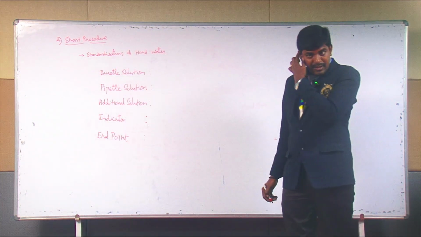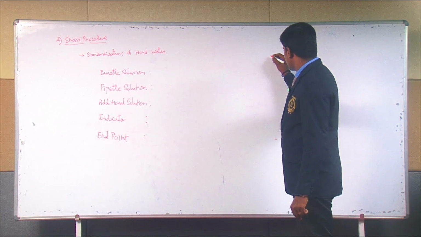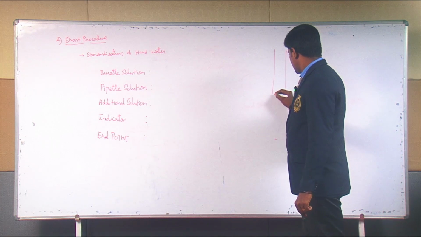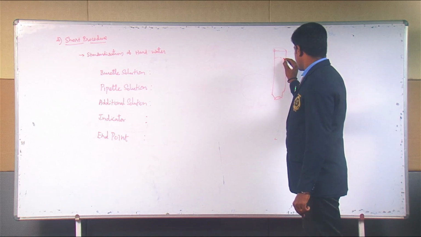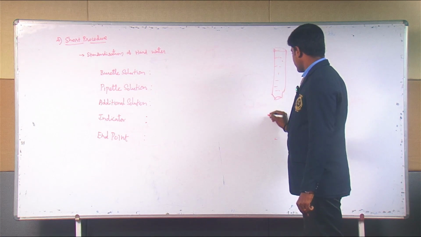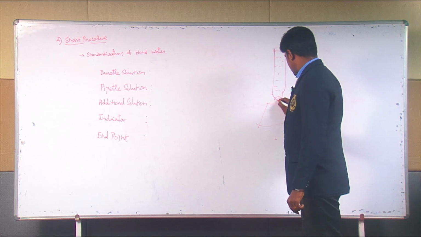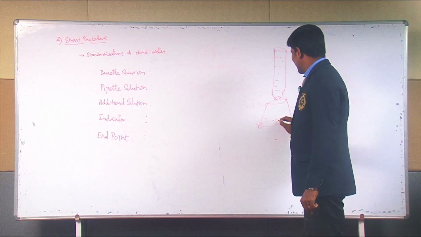See, already I have drawn one diagram. So, this is the burette. Let us imagine this is a conical flask.